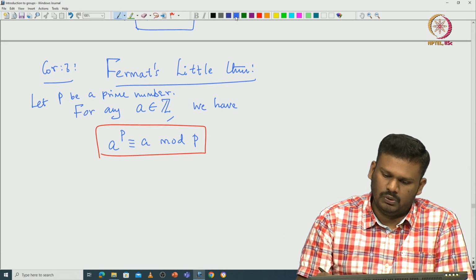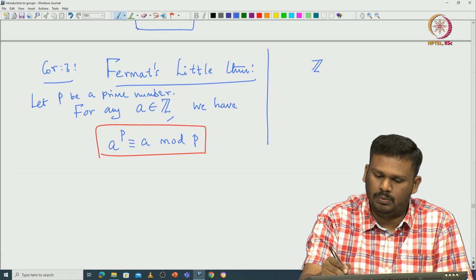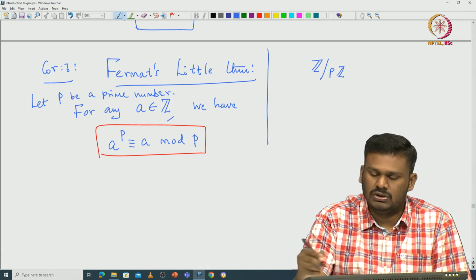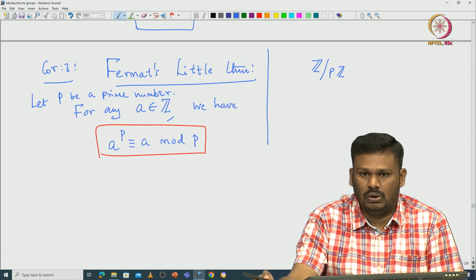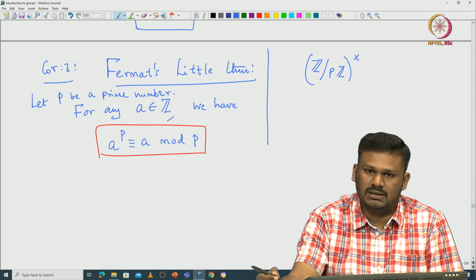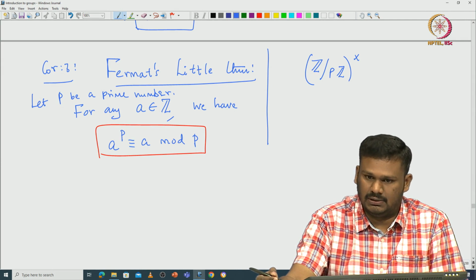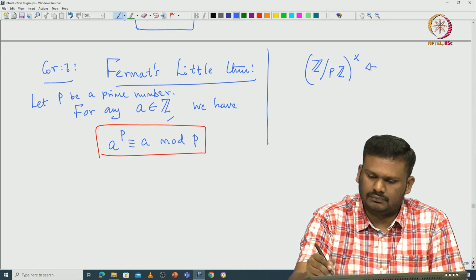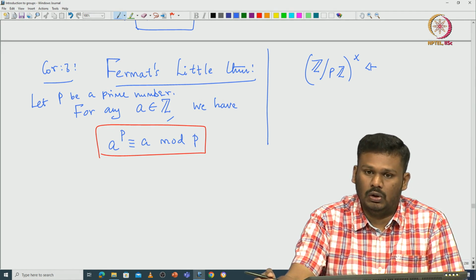So how can one prove this? Recall that we have the group Z modulo p Z, which is an additive group. It also has multiplication modulo p, and we can look at all the invertible elements with respect to multiplication. This is something we already considered: the multiplicative group modulo p.